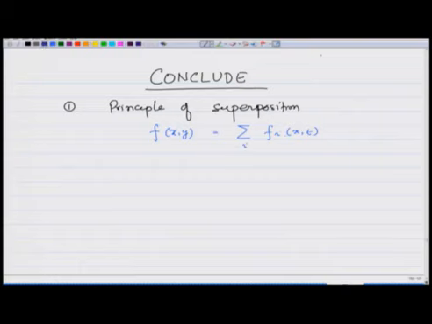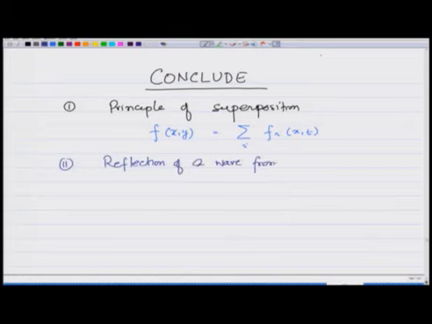Then we learnt about reflection of a wave from a boundary.